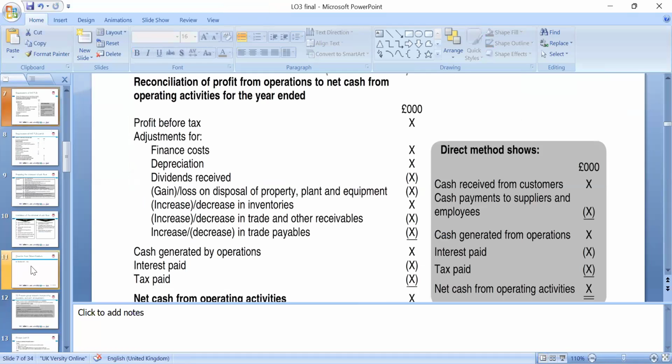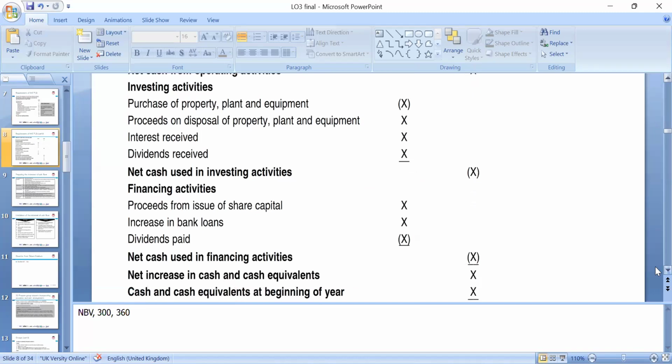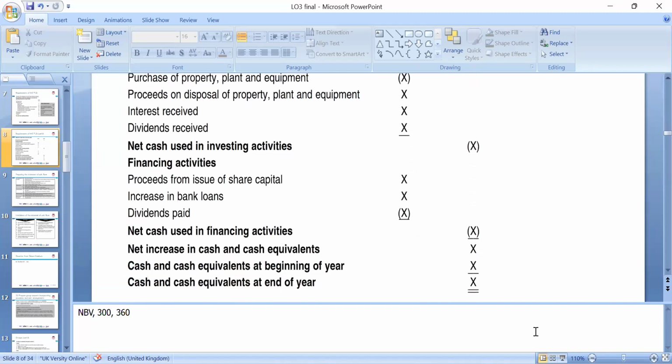I discussed how we can extract the information from the statements to prepare the cash flow statement of the company. When we reconcile, the net cash balance of operating, investing and financing should equal the closing balance given in the financial position of the company, in the balance sheet.